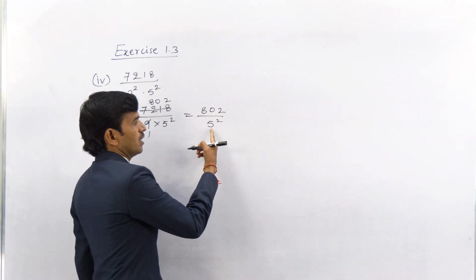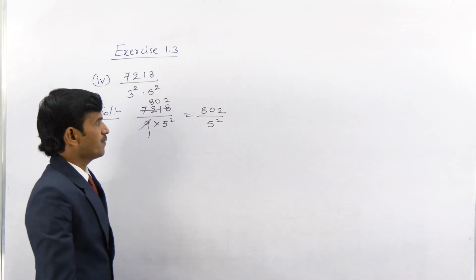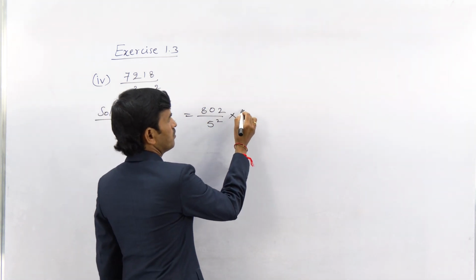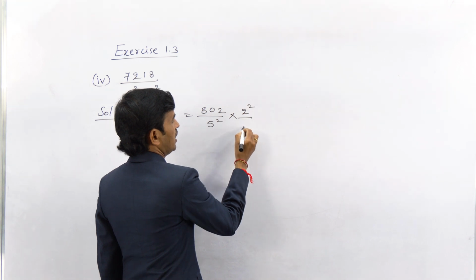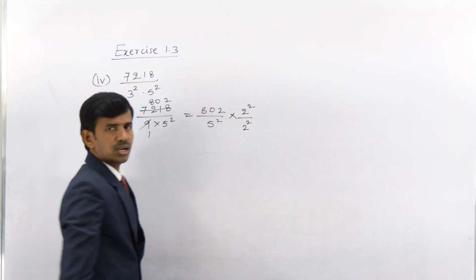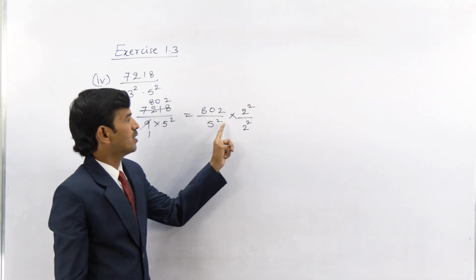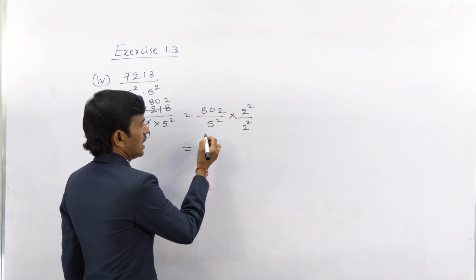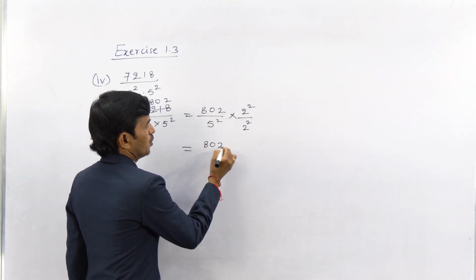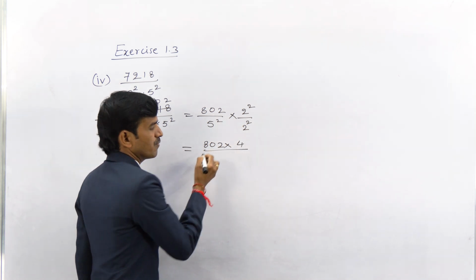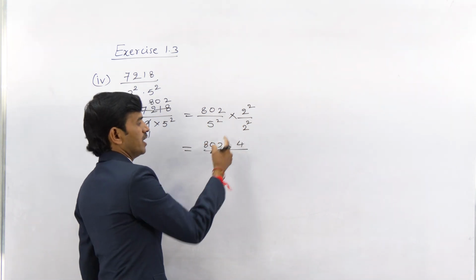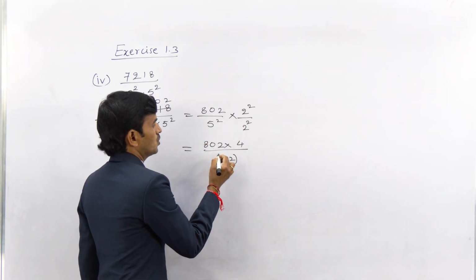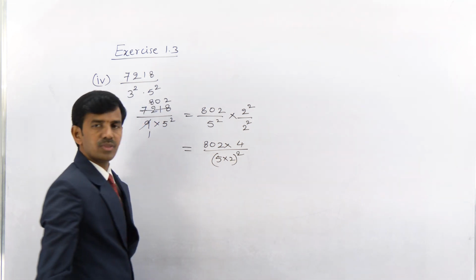So here in the denominator only 5 square is there, so multiply numerator and denominator with 2 square to get equal powers of 2 and 5. So now what you get? Let us check here. 802 into 2 square, which is 4. The denominator can be expressed as 5 into 2 whole power 2.